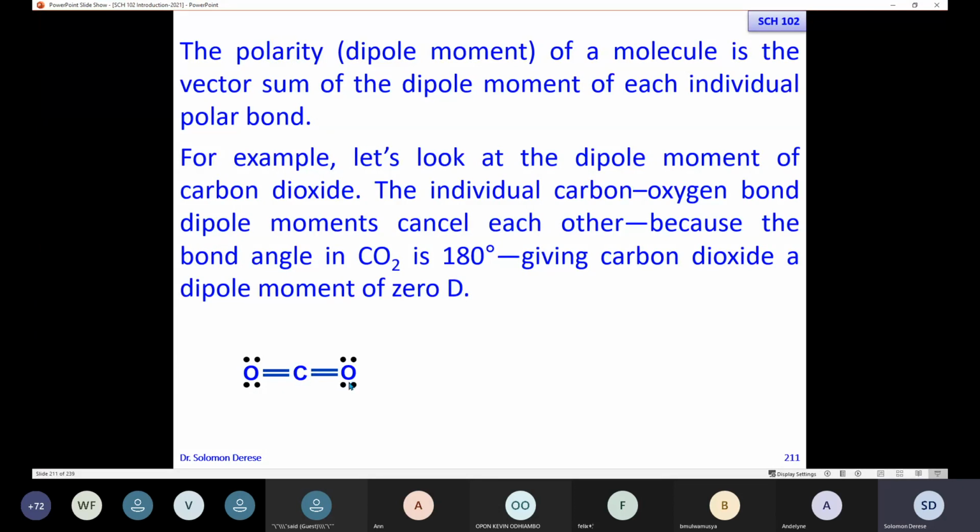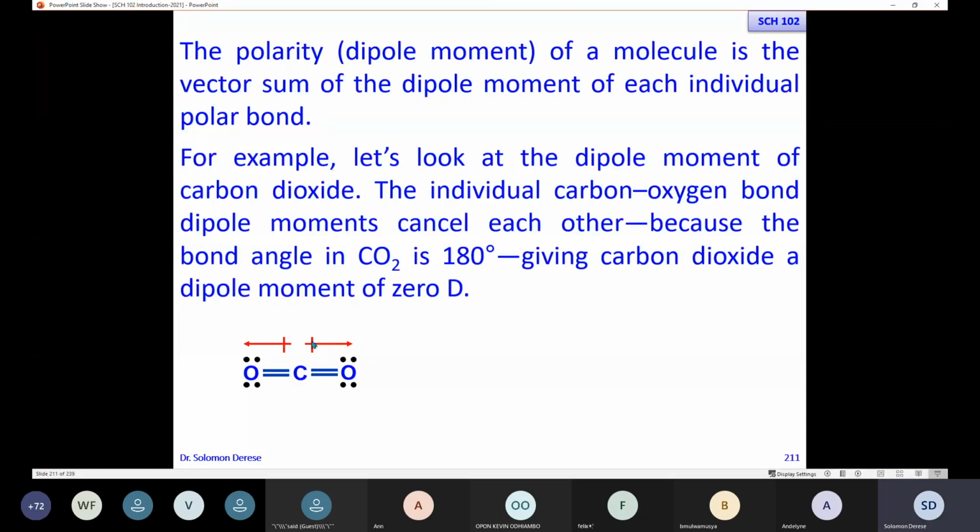Which one is more electronegative? Oxygen. So if you draw a cross arrow, it starts on the carbon and points towards the oxygen, like this. The same on this side.